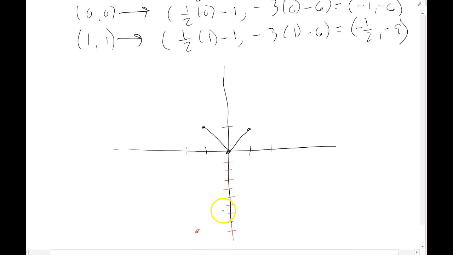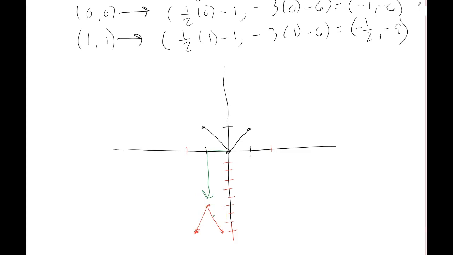So that's here. And then I have -1/2, -9. That's there. So if I look at what's happened, I notice I've translated left and down. I've reflected across the x-axis because this was opening up and this is now opening down, and it looks a little bit thinner. So I've done some kind of dilation, where I've stretched this thing vertically or compressed it horizontally, or maybe some of both.